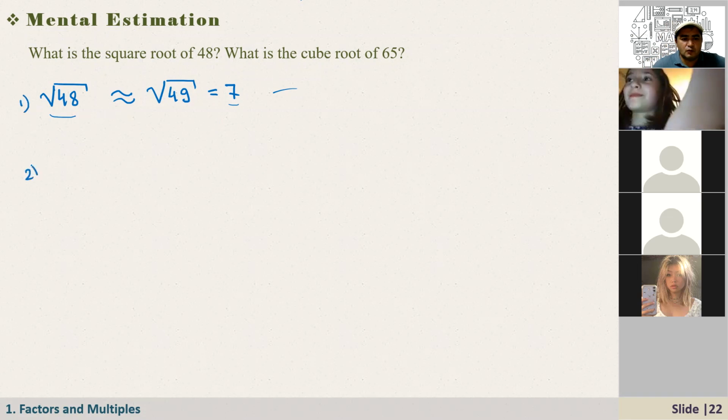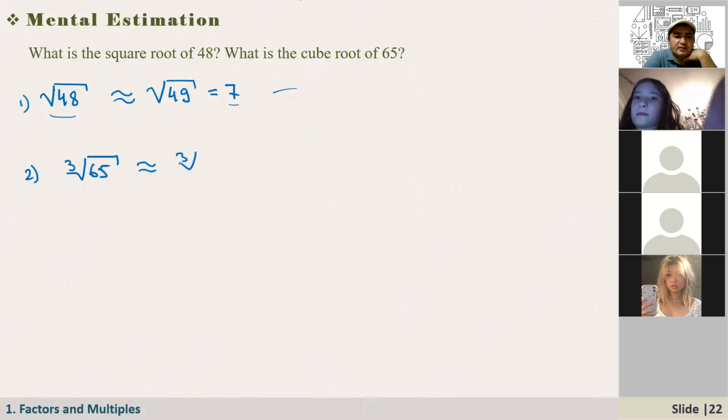And how about the second one? How about cube root of 65? Okay, Nazli or Neil, Neil, can you tell me a number that is a cube number that is very close to 65? What number is it?